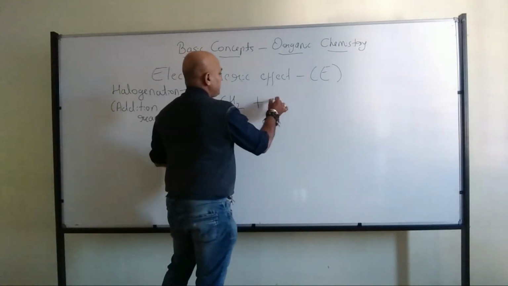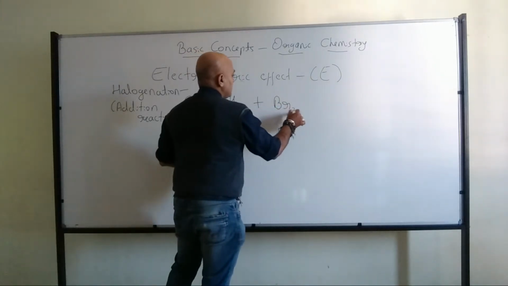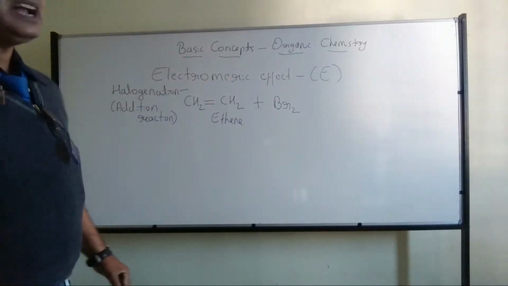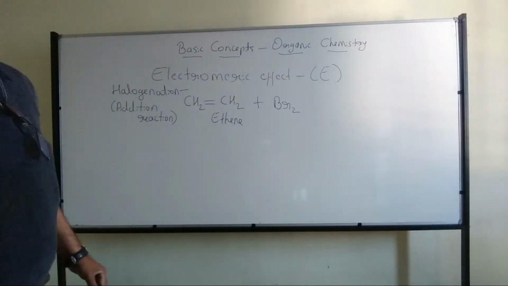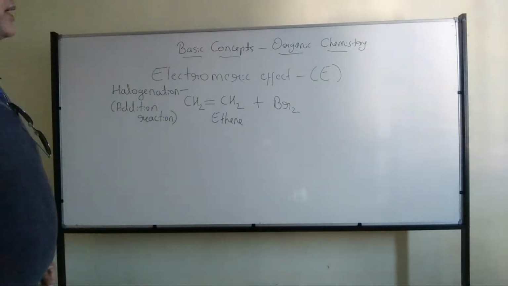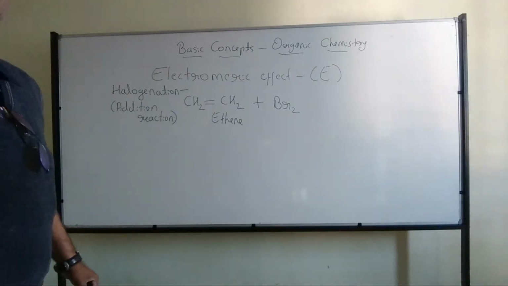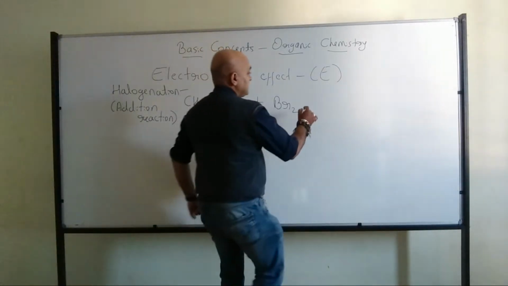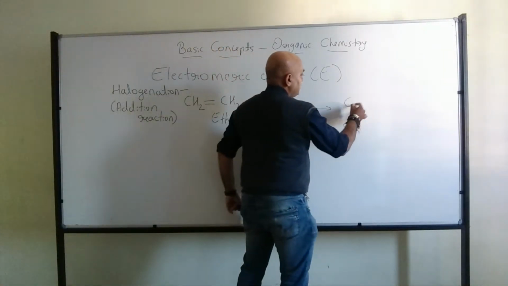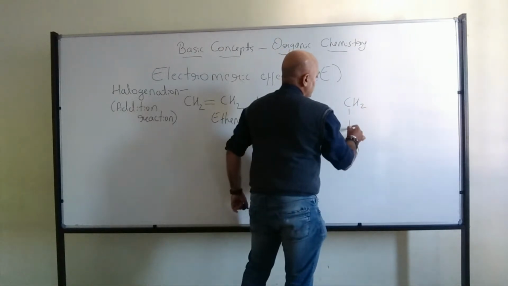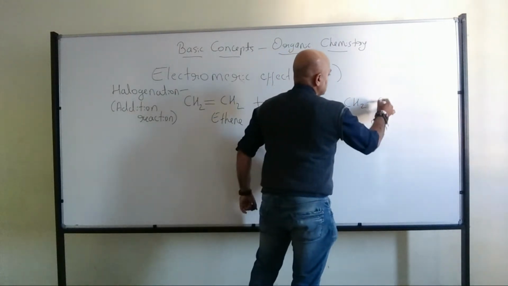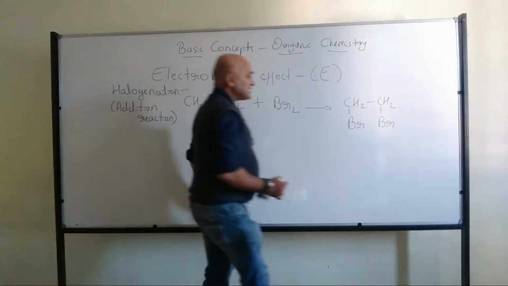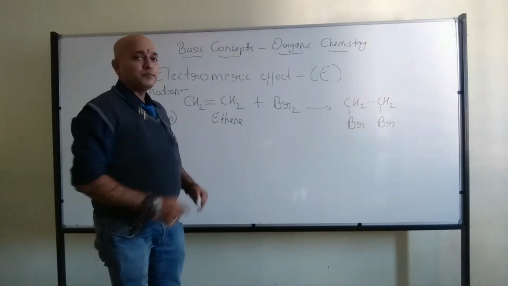When I am treating with bromine, other conditions we will not discuss here. For the time being, imagine that we are treating with bromine. Now what will happen? Bromination of ethene will happen. So we are going to get CH2Br-CH2Br. That's where we have the product.